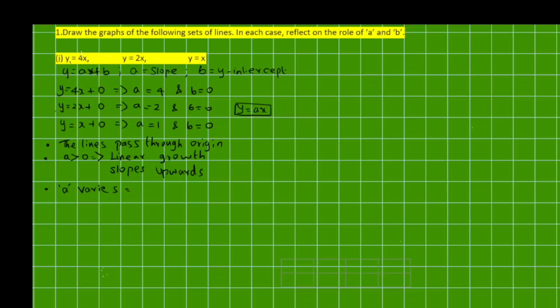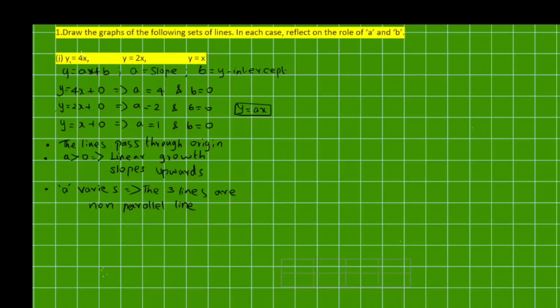That implies the three lines are non-parallel lines. Suppose A is same and B differs, then we will get parallel lines. Now A differs and B is same, so the lines are non-parallel lines.